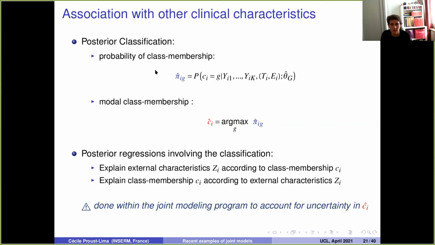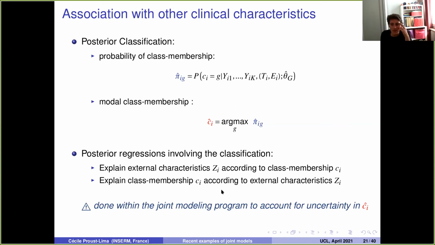What we know is P hat and C hat, and this is different. We have an uncertainty if we use C hat instead of C. We have a classification error in this latent class assignment.